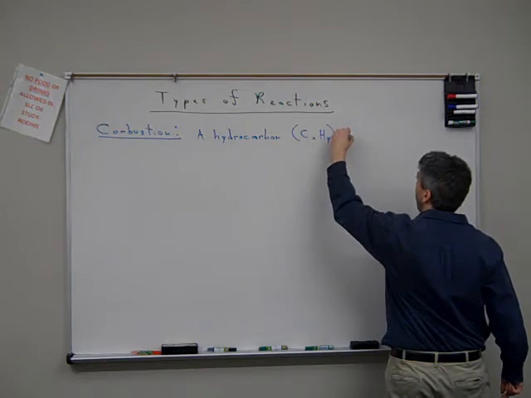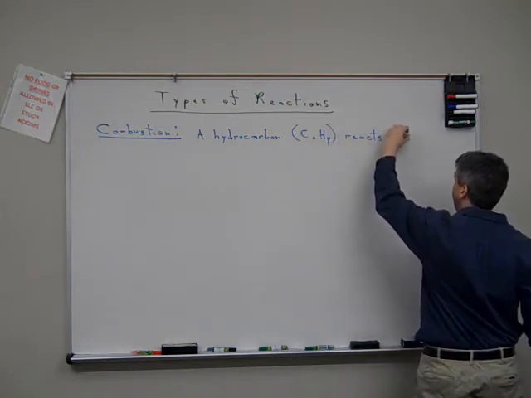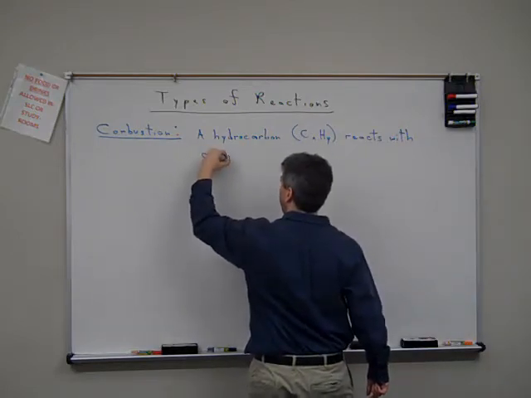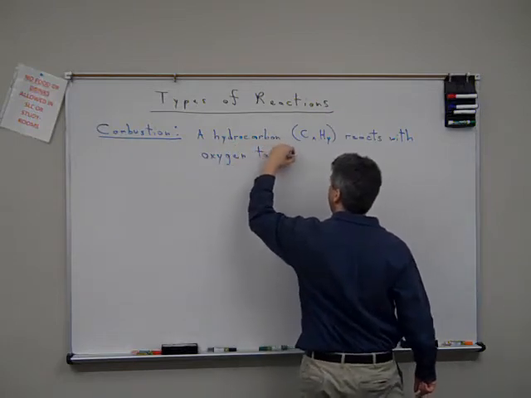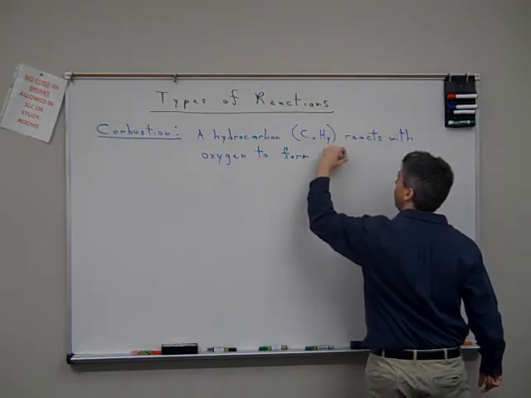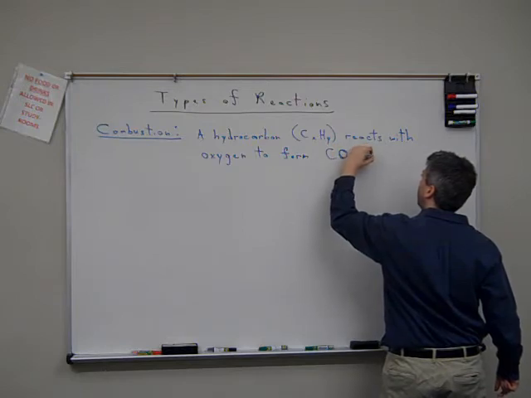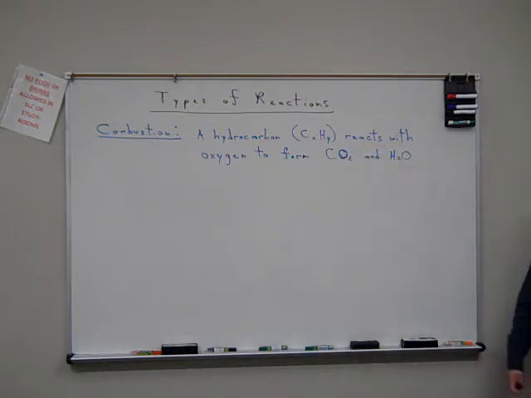So a hydrocarbon reacts with oxygen to form the same two products every time: CO2, carbon dioxide, and H2O. So a hydrocarbon reacts with oxygen to form CO2 and H2O.